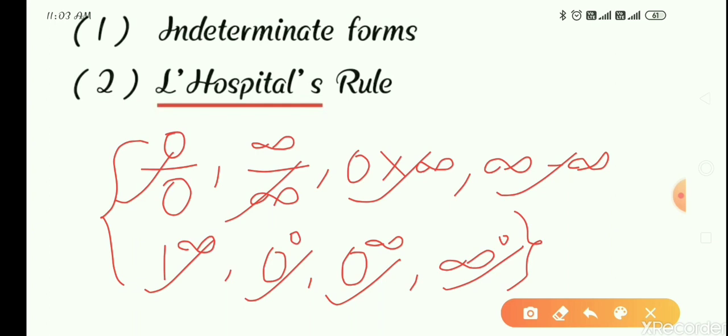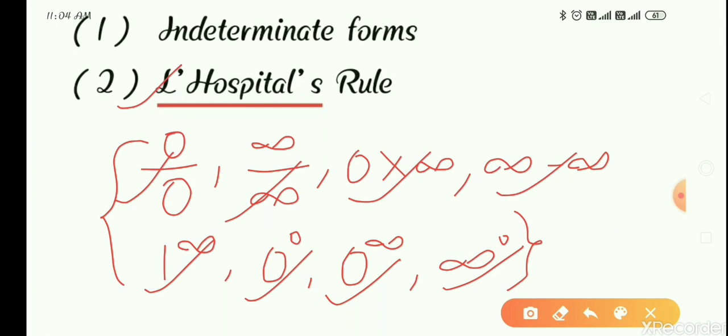If you get such a form on direct substitution, it means these are indeterminate forms, and to find the limit of such functions in which on direct substitution you get an indeterminate form, we apply L'Hospital rule.